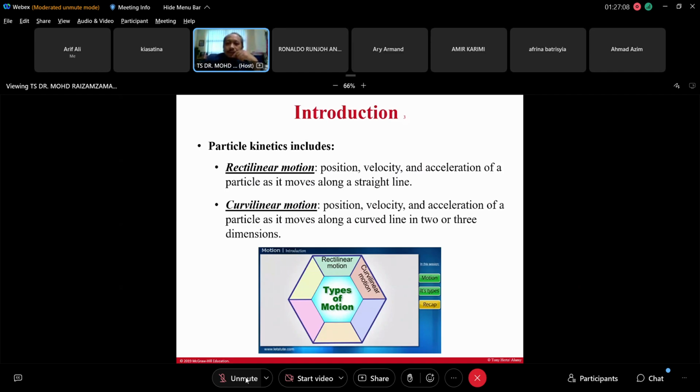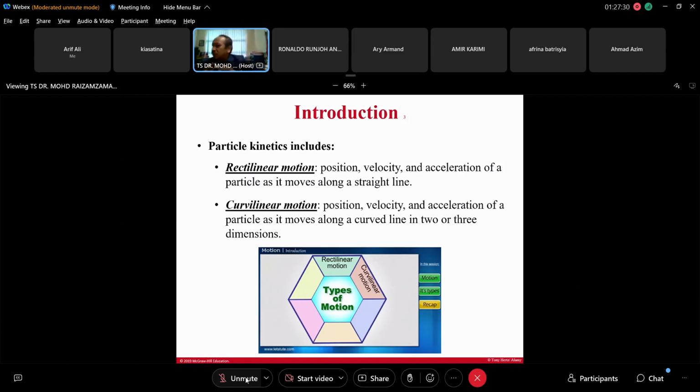Okay. Fishing. Okay, fishing. How to relate fishing with these two motions? Okay, besides that, what else? So at least, class, I just want to make sure you got the idea first. What is rectilinear? What is curvilinear?